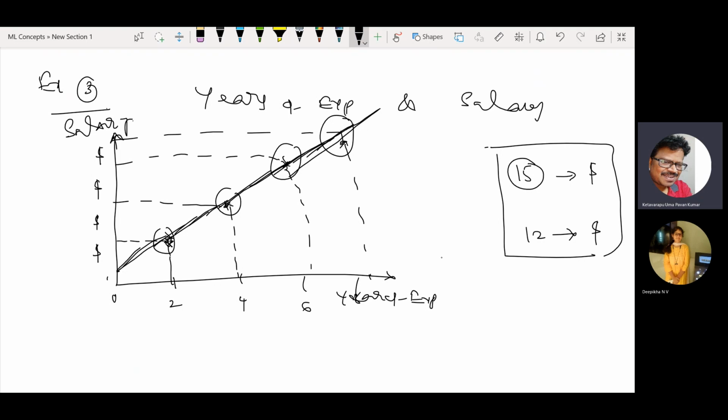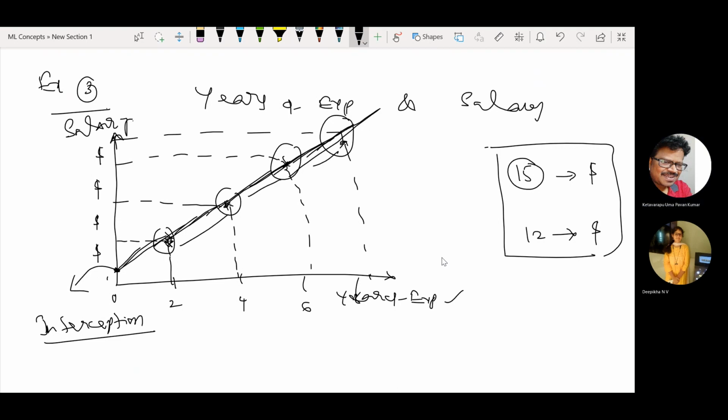If you are observing, there are certain aspects, friends, where we are getting the first hit of this line. Whatever line we are using for the sake of understanding years of experience and salary, visually, this is what you call the intercept. From your school mathematics, you can observe the intercept, as well as the slope.